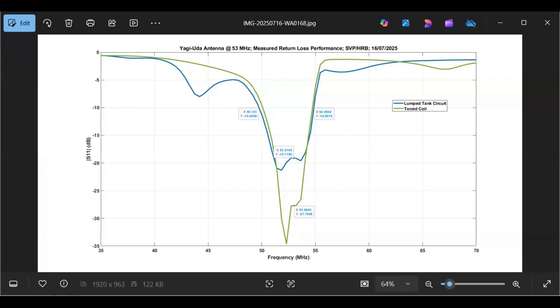The reason behind this is many people are not aware of this, because nobody has worked on this. So that is why I have started working. I'll show you the actual picture of this antenna.